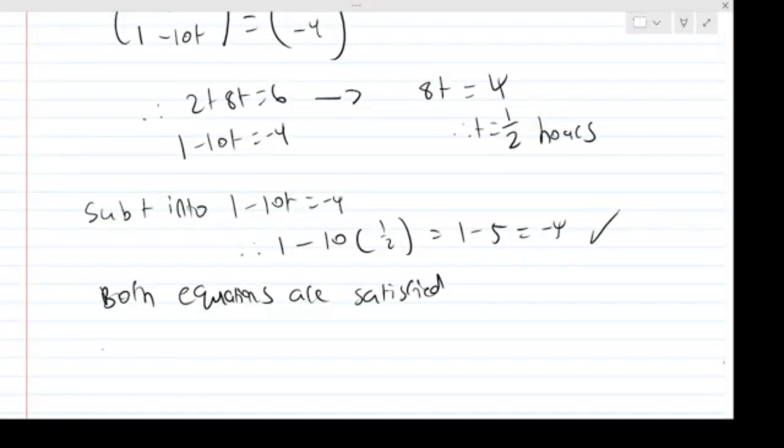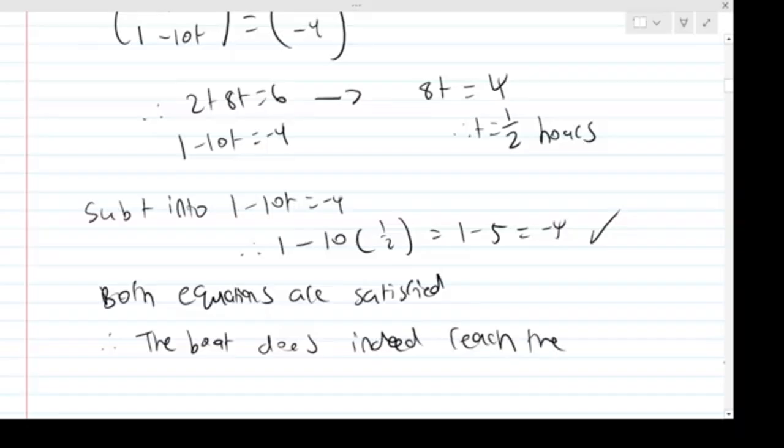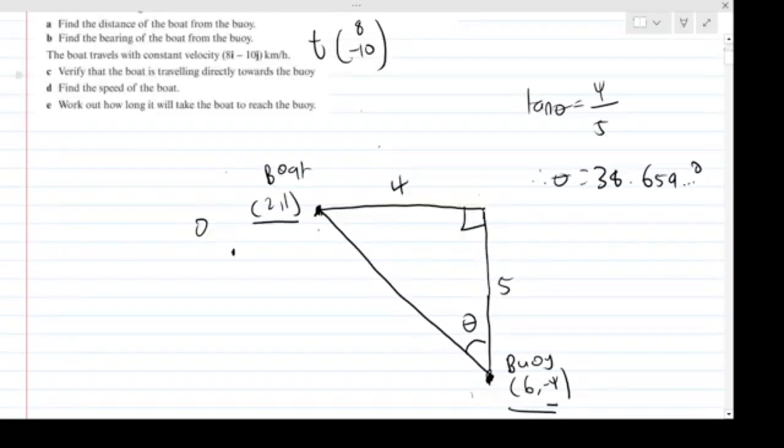So therefore I'd say the boat does indeed reach the buoy. What was the wording? Yeah, the boat is travelling directly towards the buoy. So yes, with this velocity, if it's travelling towards the buoy, it will reach the buoy.